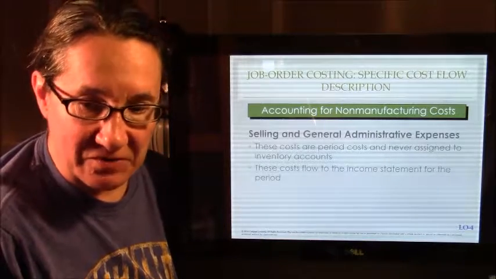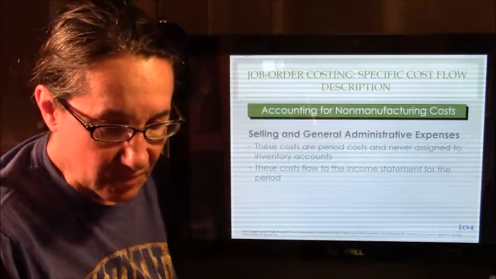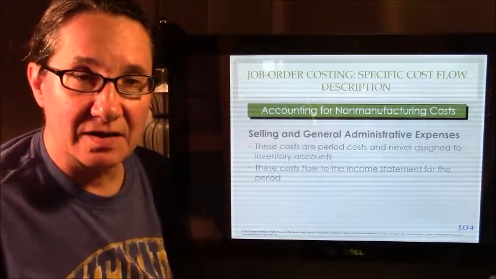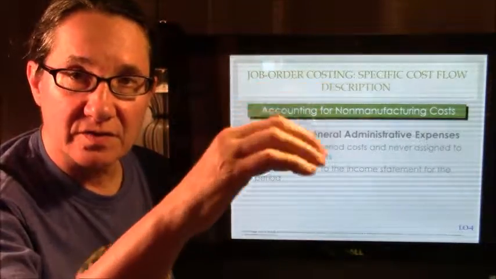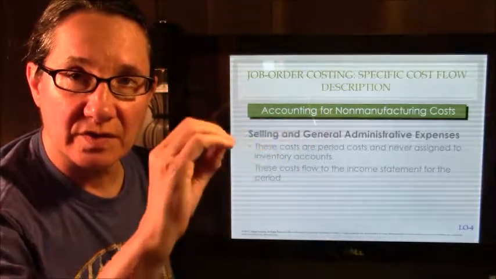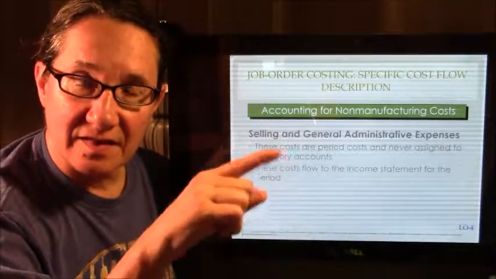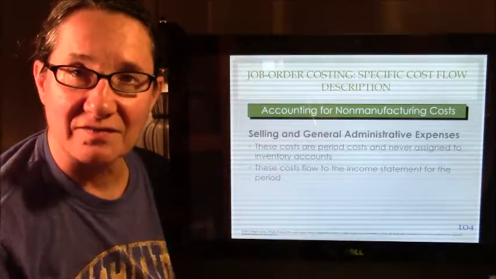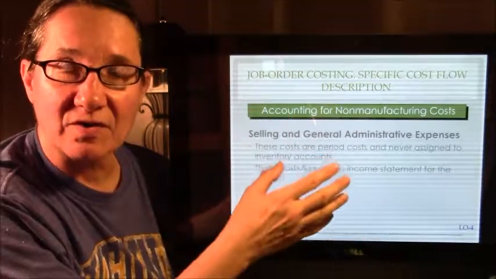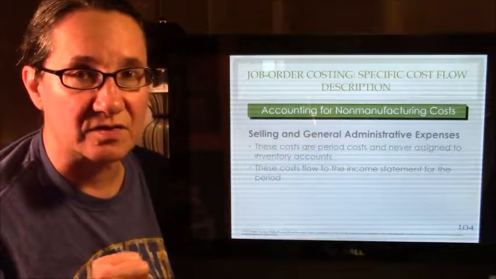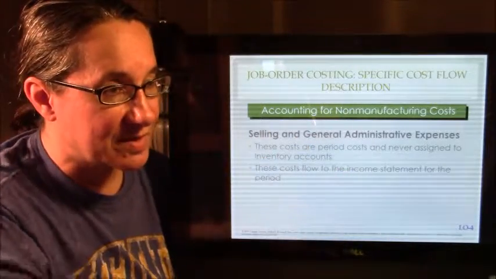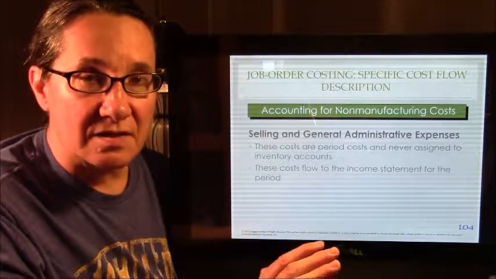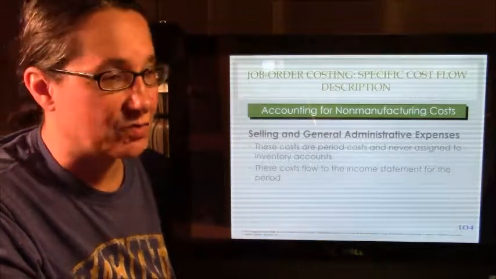You may remember from back in 2301 in financial accounting when we did a multiple step income statement, right? You'd have sales minus cost of goods sold equals gross profit, right? Then you'd take out selling and administrative expenses. So they're not part of overhead, right? Overhead is part of cost of goods sold. So remember, these things are period costs. They're not part of the inventory.